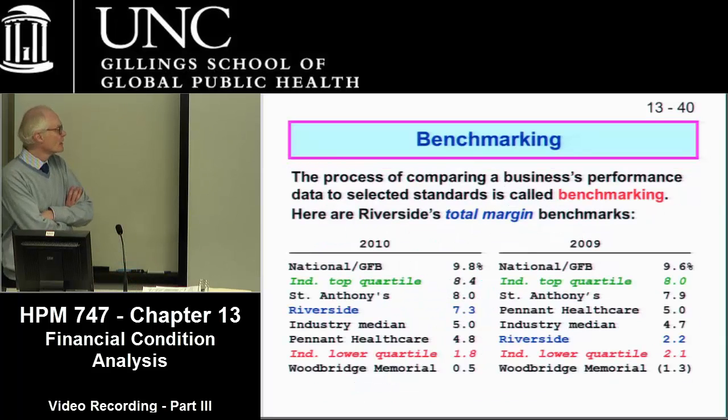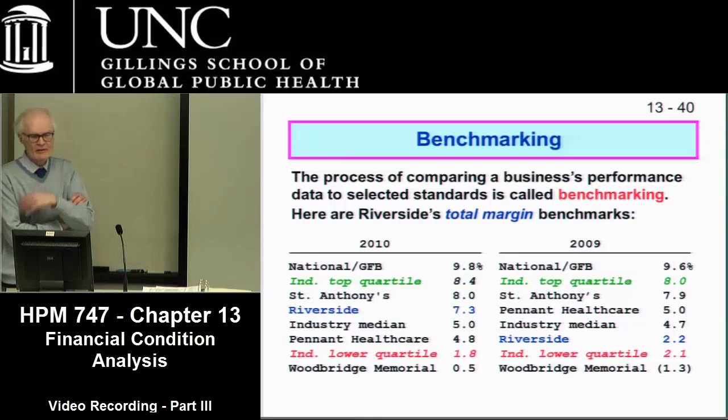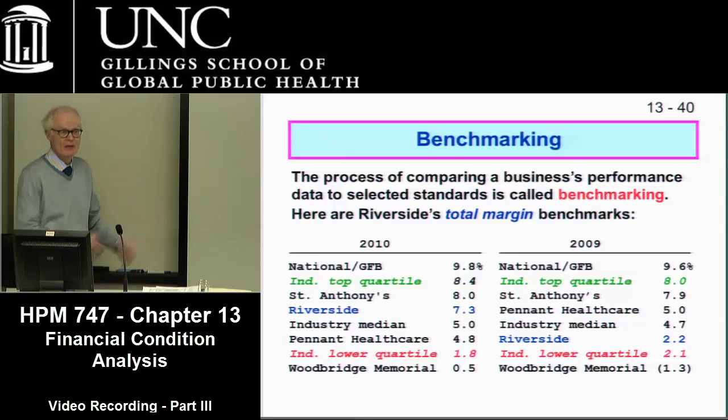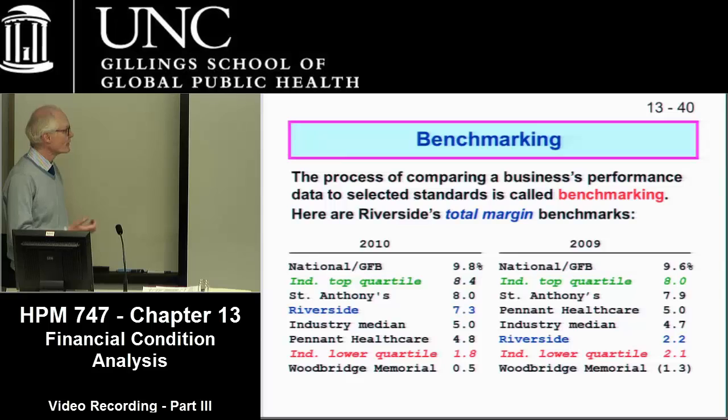Benchmarking is something that you hear a lot of. It's done a lot in financial statement analysis because it lends itself; it's easy to do. Everybody calculates total margin the same way, net revenue divided by total revenue. So here are some examples of the kinds of benchmark data you can get. In 2010, Riverside here has a total margin of 7.3%.